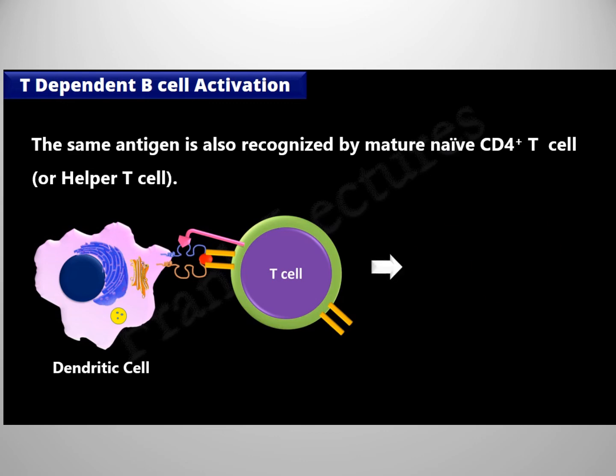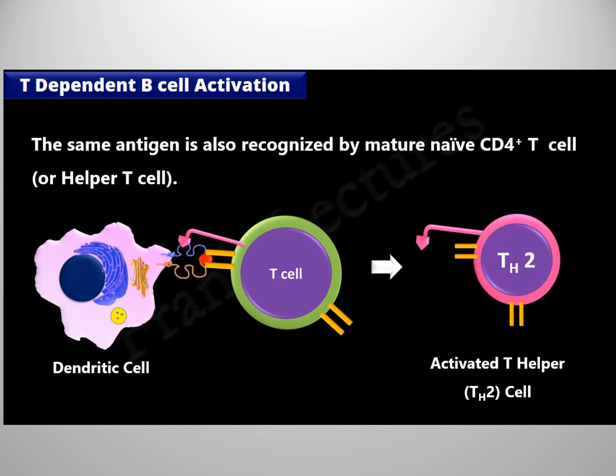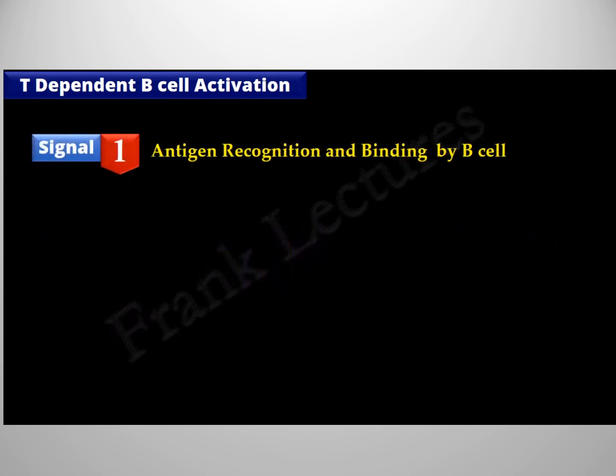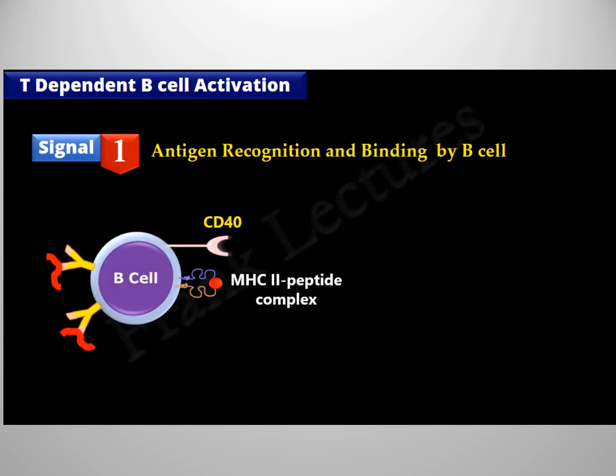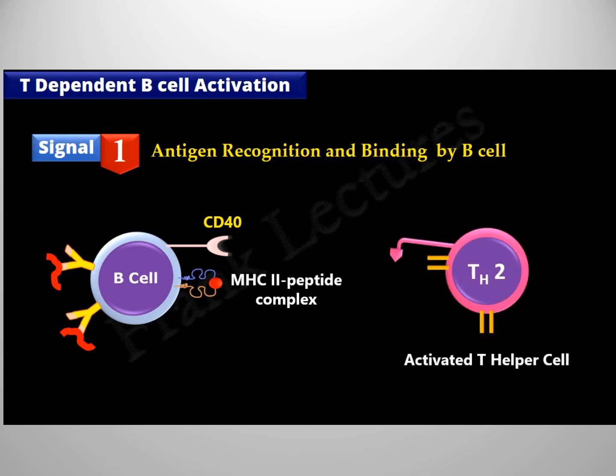The T cell gets activated, and it expresses T cell receptors capable of recognizing these antigens. Thus, at the initial stage of T-dependent B cell activation, the B cell recognizes antigen and expresses co-stimulatory molecule CD40 and cytokine receptors. Also, the same antigen activates T helper cells.